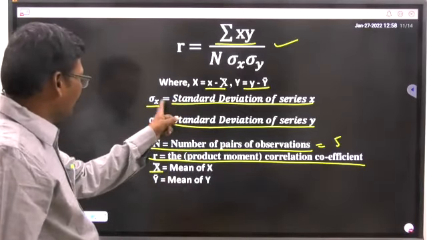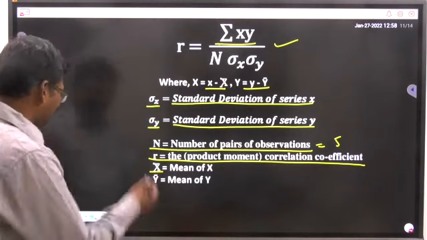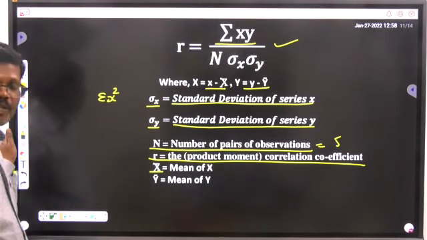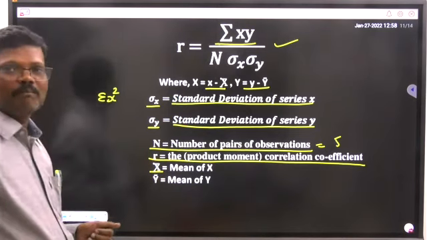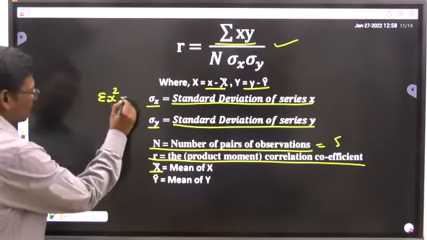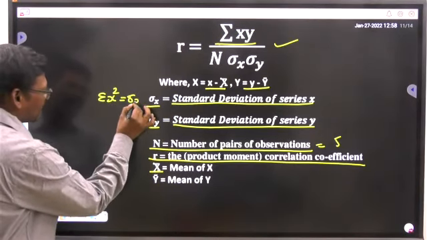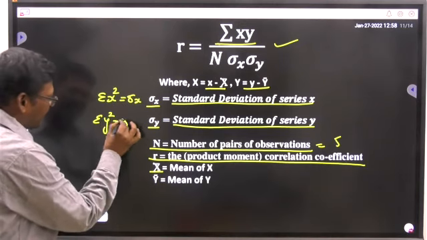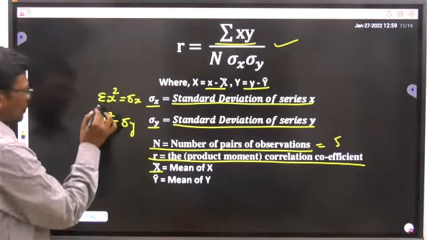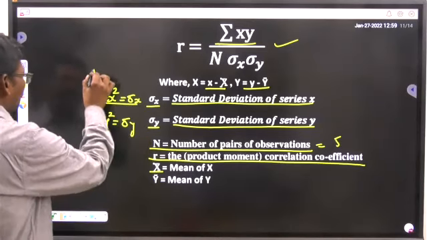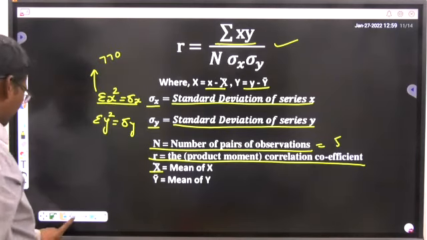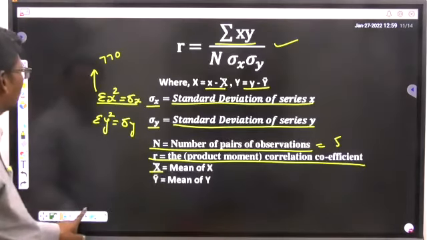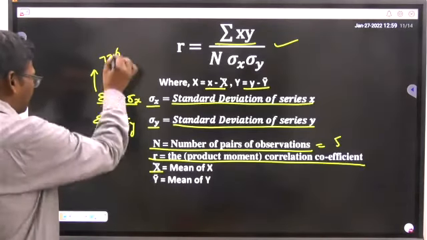Sigma x square, we know, was already calculated as 776.